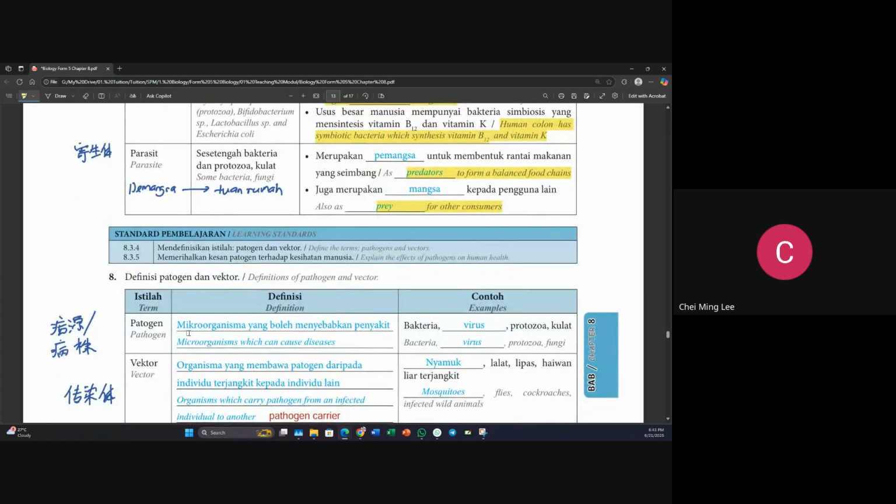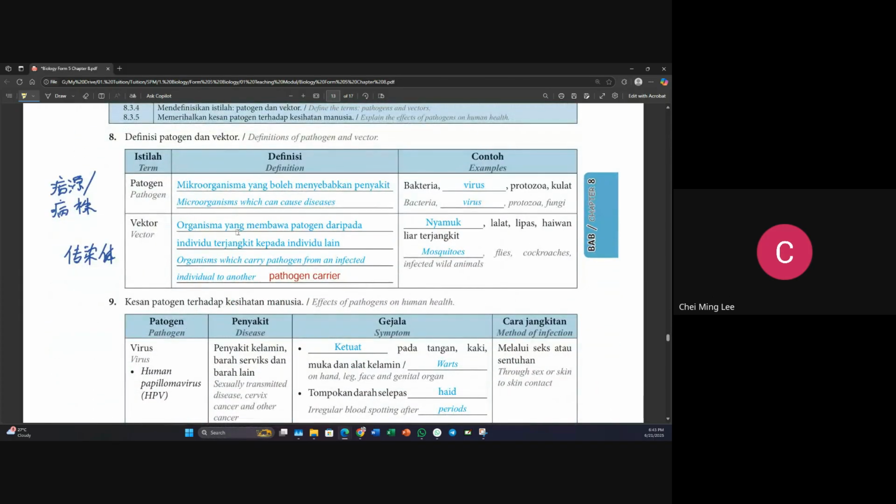So now let's see the definition of pathogen and vector. Pathogens are the source of sickness. Vectors are those who can transport or spread the diseases. You understand? So pathogens are the microorganisms that cause diseases, like bacteria, virus, protozoa, and fungi.